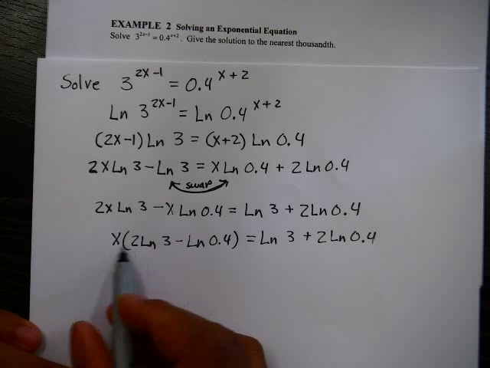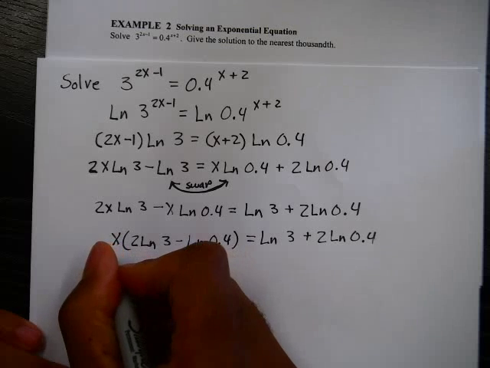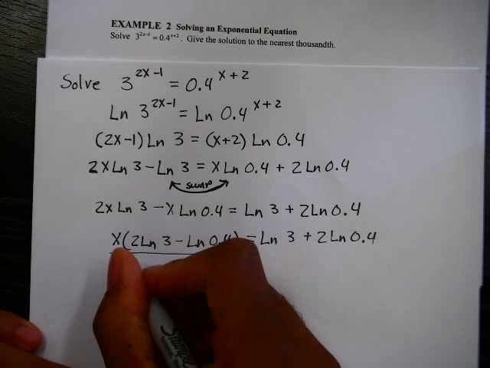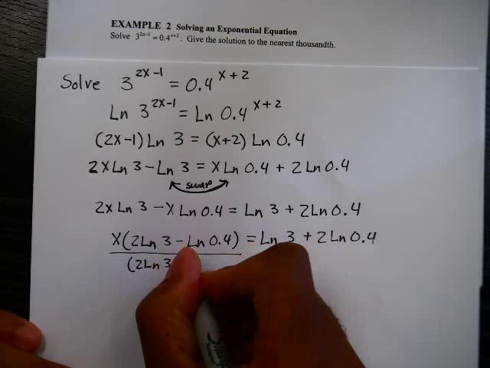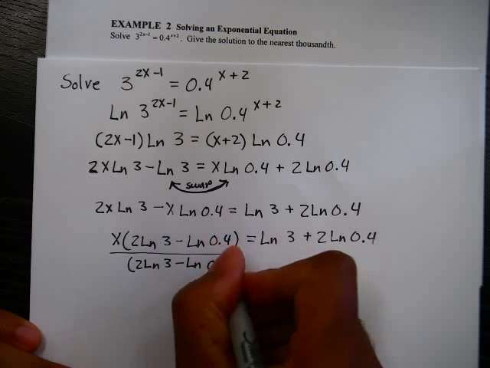Now I got x pulled out. Now I can isolate x because I'm going to divide both sides by 2 ln of 3 minus the ln of 0.4.